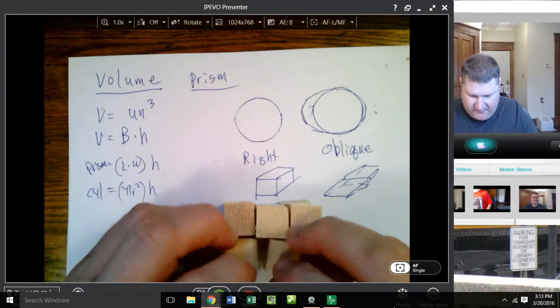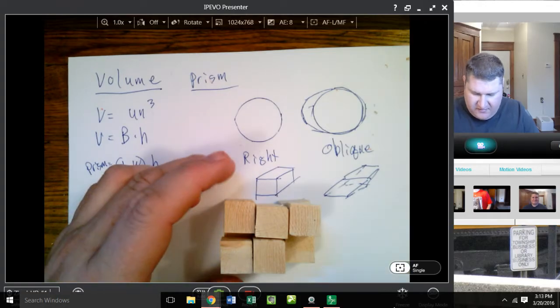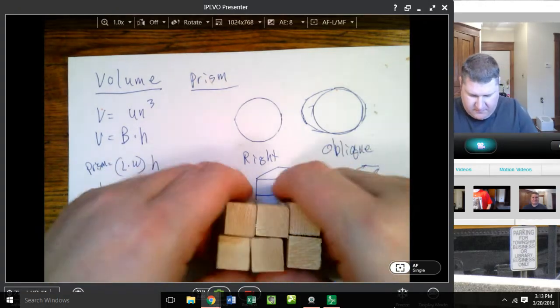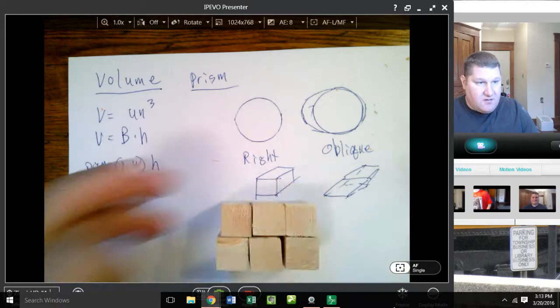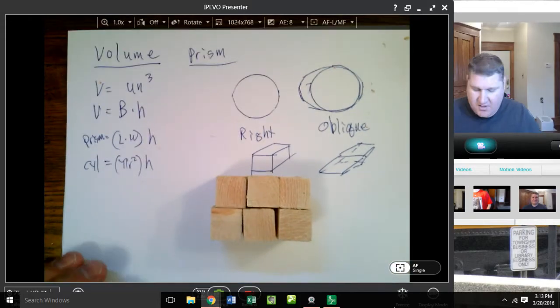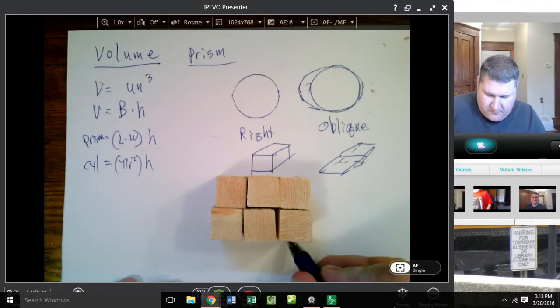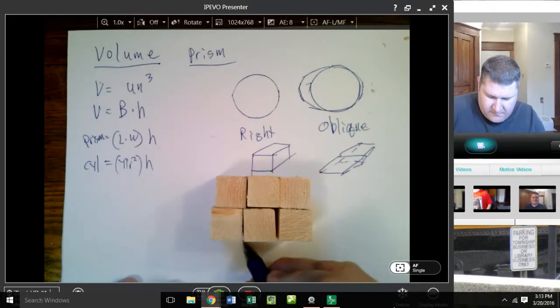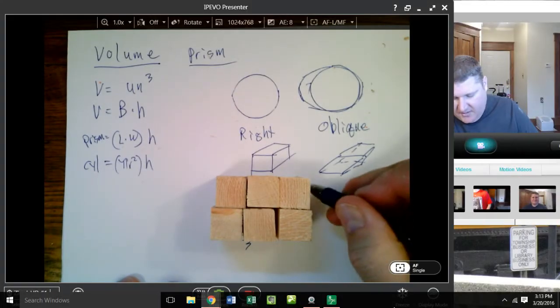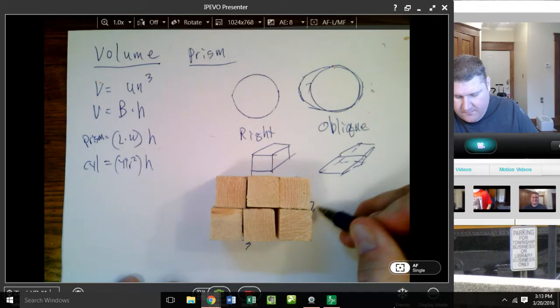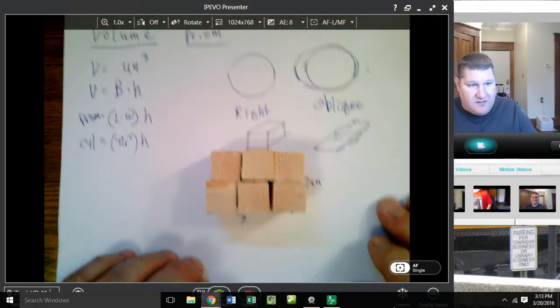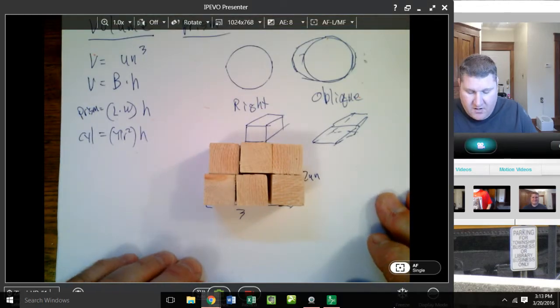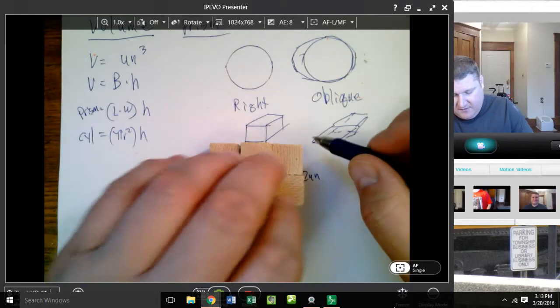In this case, the prism is going to be 3 units long, and it's going to be 2 units tall. Okay, 3 units long, 2 units deep, I guess, technically.